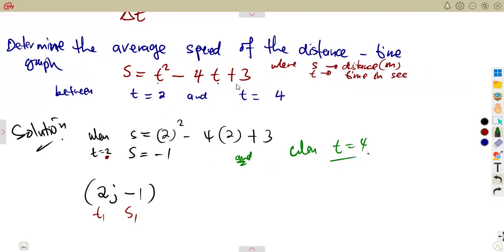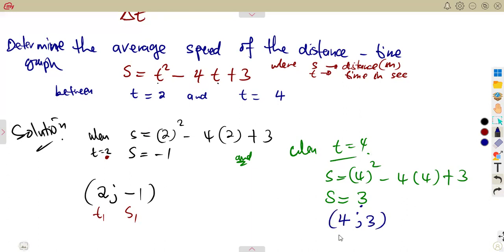You substitute that into the original function. So s is going to be 4 squared minus 4 times 4 plus 3, which gives you 3. So it's a point, t versus s: when t is 4, our s is 3. So that's the point t2, s2.